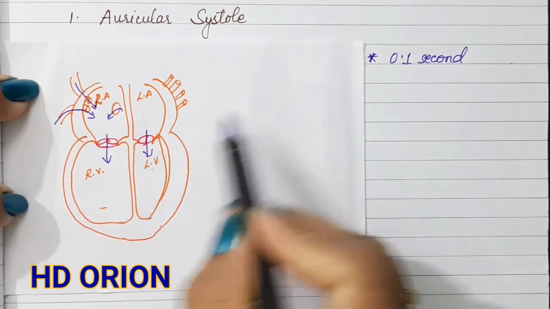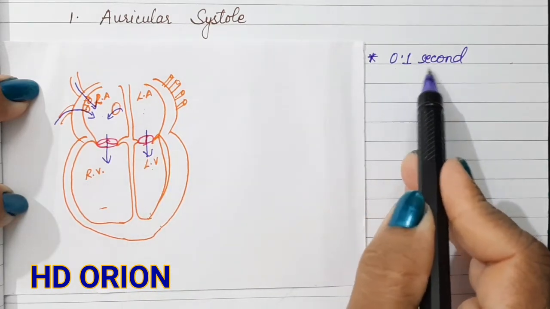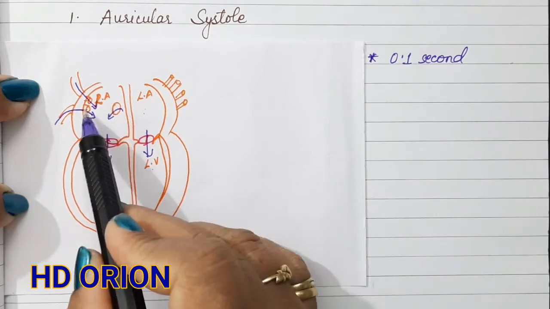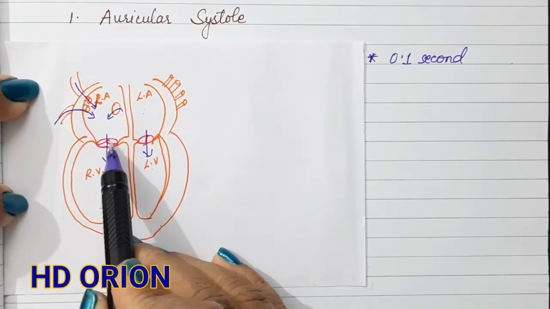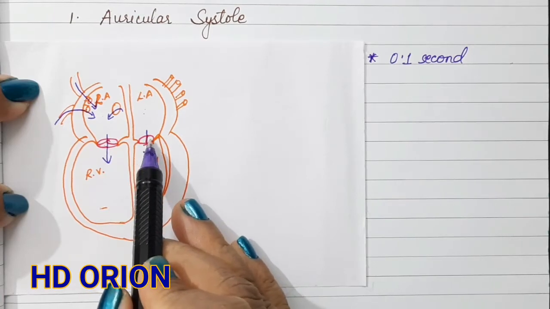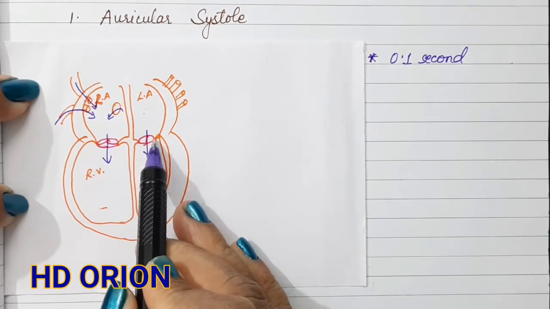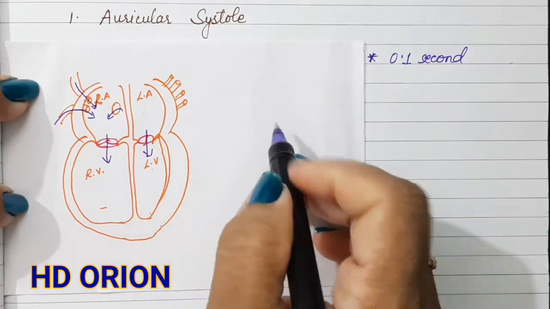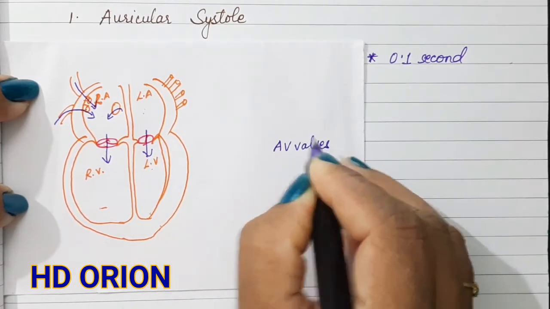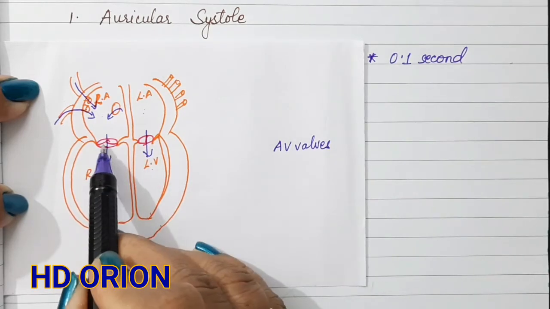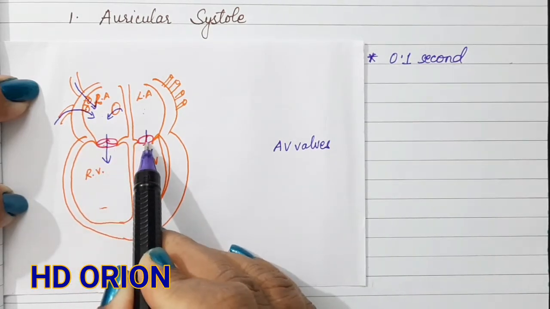This takes place only within 0.1 seconds. These two valves are called the auriculoventricular valves, or the AV valves. So both the AV valves are open, that means the tricuspid and the bicuspid valves are open.